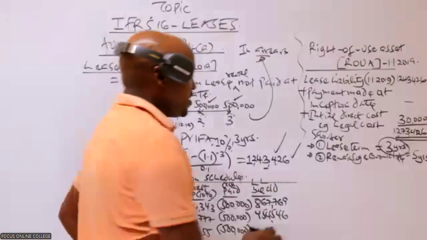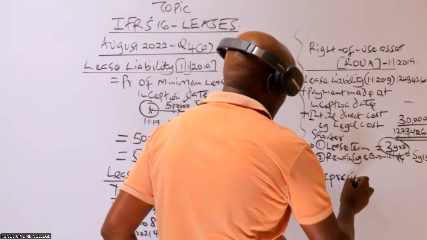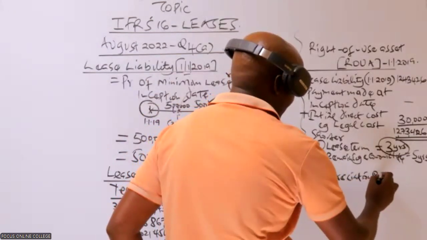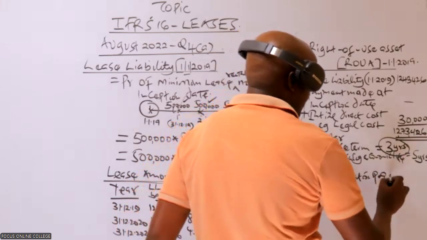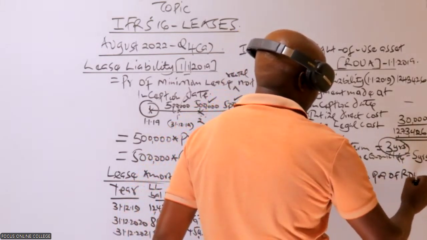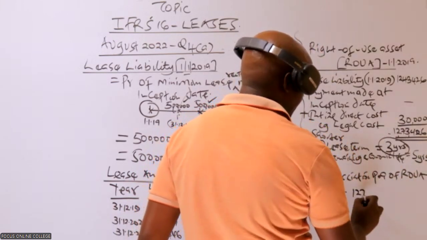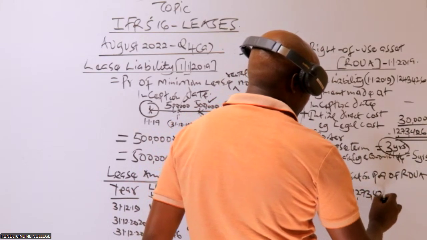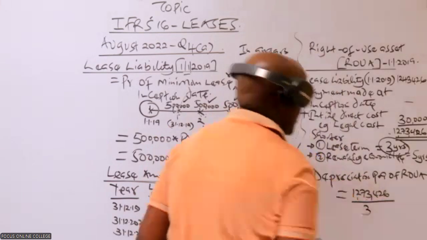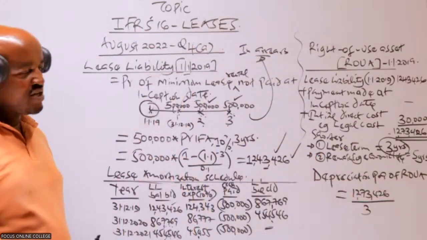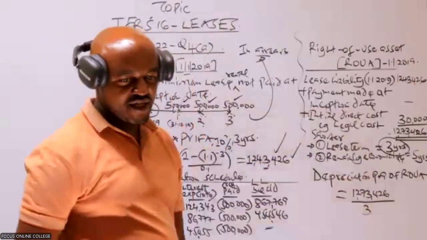So to compute the depreciation per annum of this right of use asset, we take this amount here, 1,273,426, and divide that by 3 years. That will give us the depreciation per annum, using the period which is shorter, 3 years.